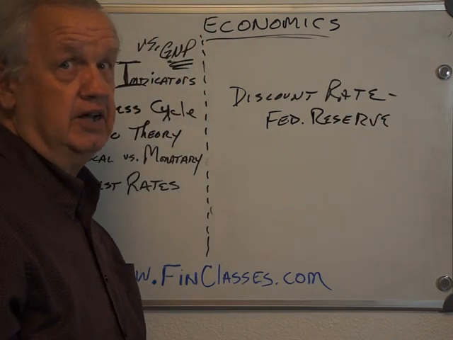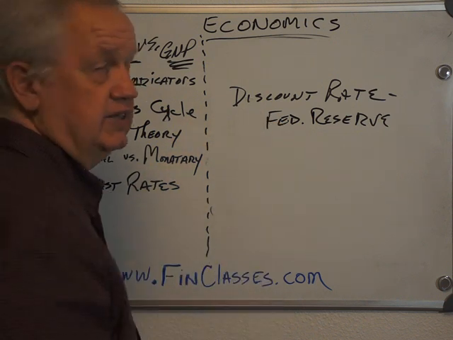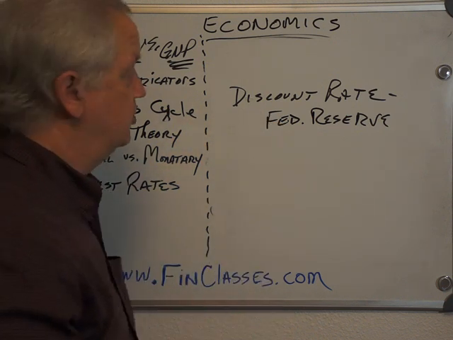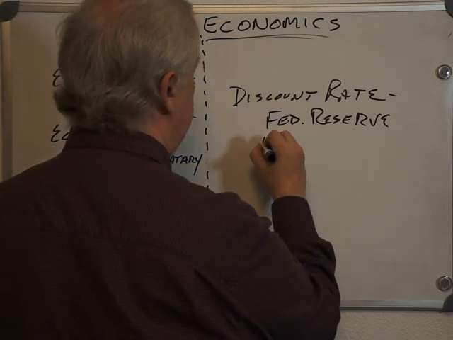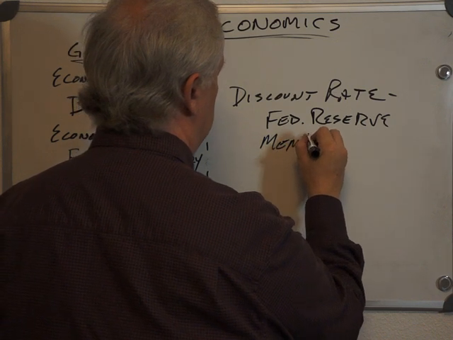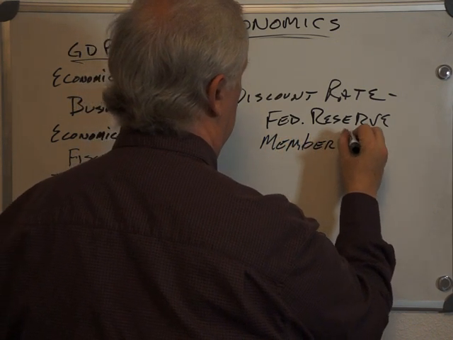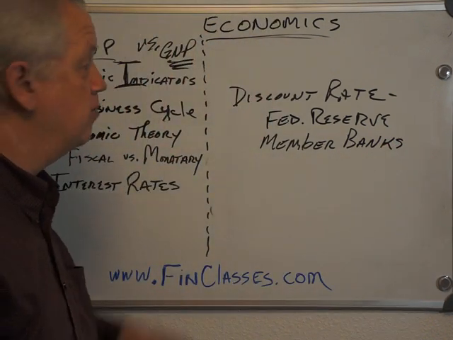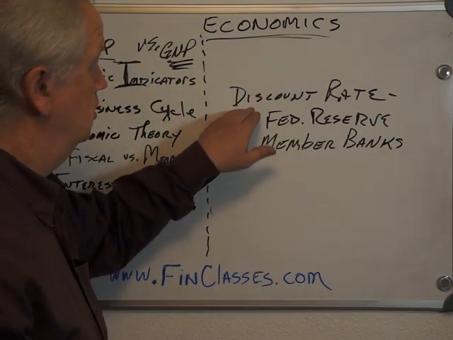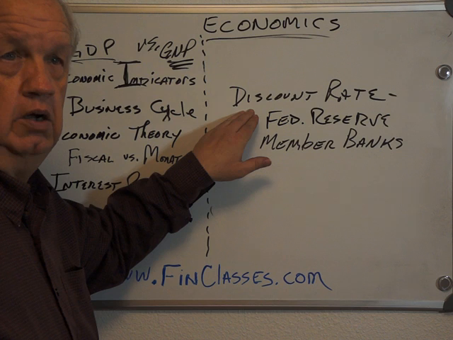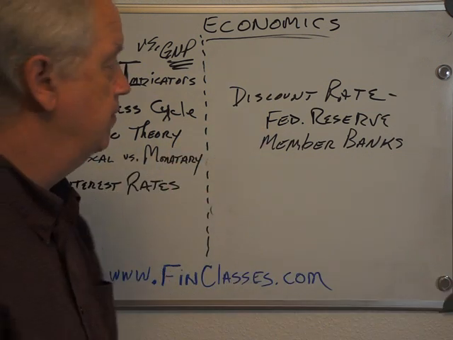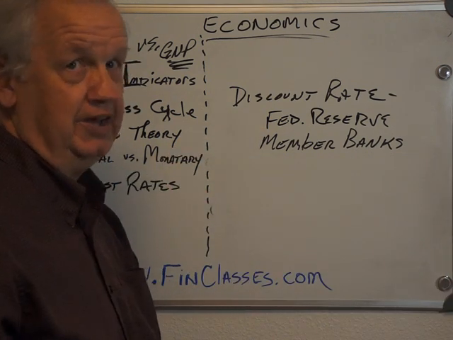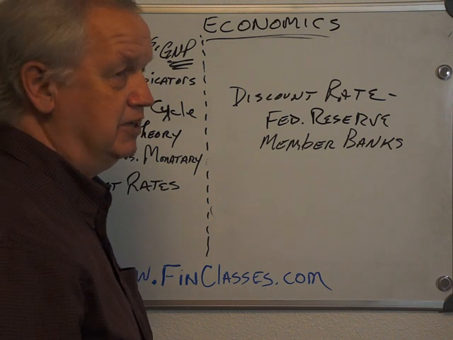I know you think I messed up, but the discount rate is set by the Federal Reserve. It's the rate they charge member banks. When a member bank wants to borrow money, they get charged the discount rate, and then they mark it up to us. So there's no real reason why a bank should go out of business.